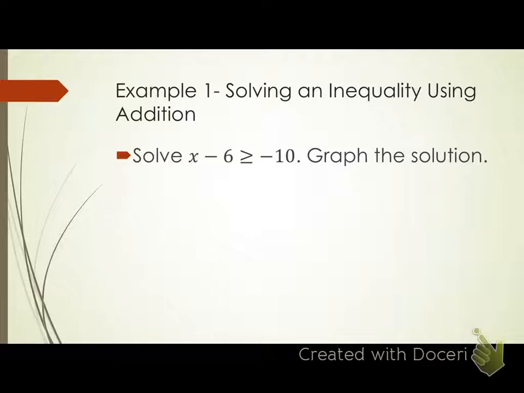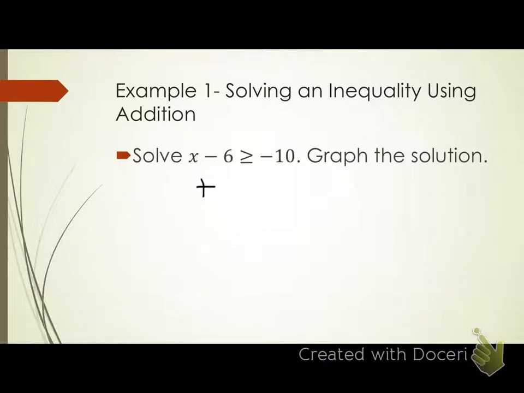Right now, is my variable by itself on the left side? No. What number is with it? 6. What's the operation between x and 6? Subtraction. What's the inverse of subtraction? Addition. So what am I doing to both sides? Adding 6 to both sides.